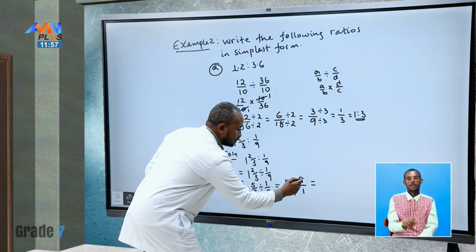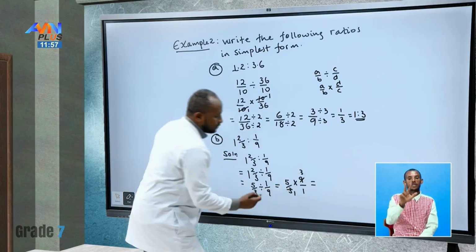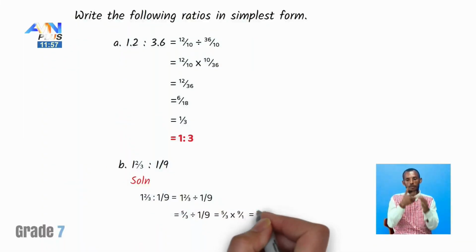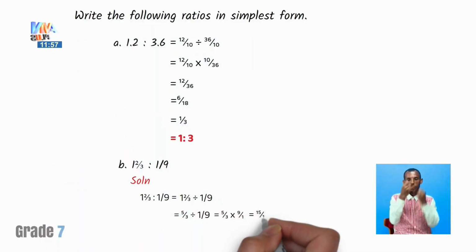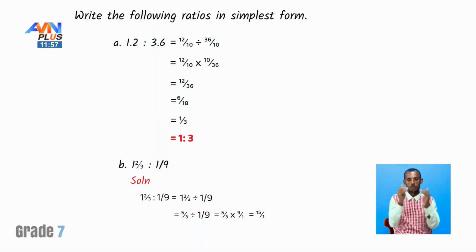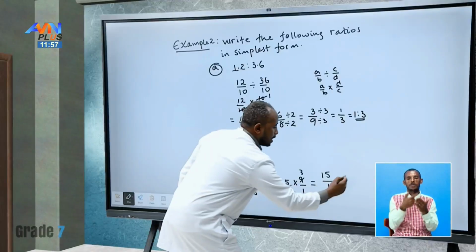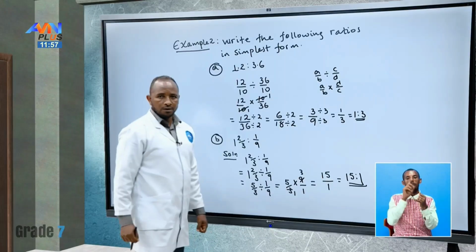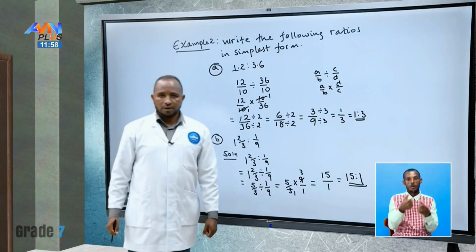When you divide 9 by 3, it becomes 3. So finally, you multiply 5 with 3, it becomes 15 over 1 times 1 is 1. Therefore, this ratio can be written in this form. 15:1 will be the final answer. That's it. Now, we'll continue to the next example.